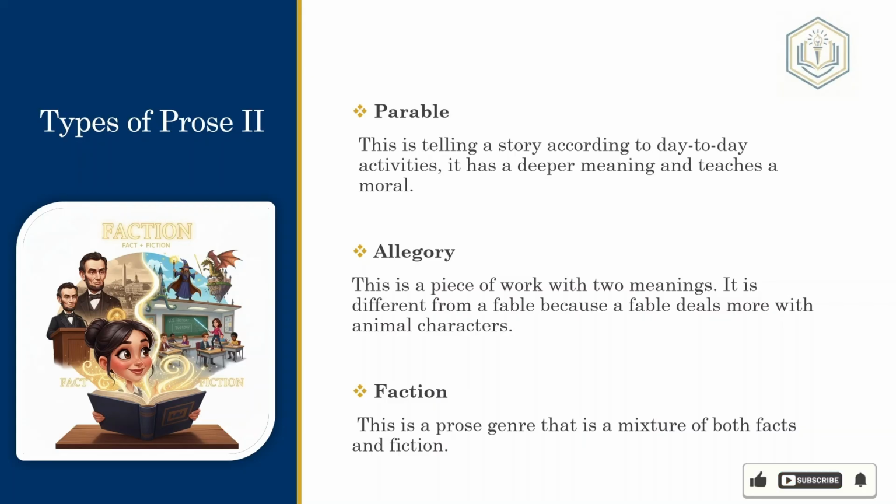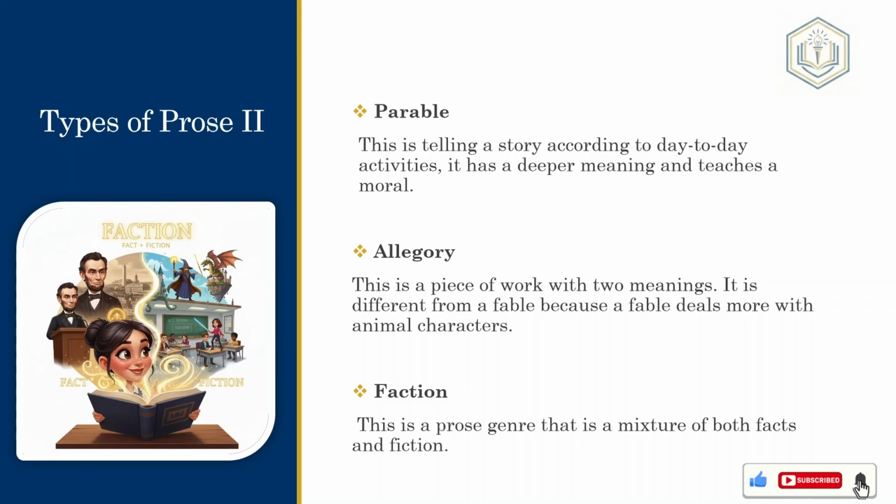So an allegory is a piece of work with two meanings. It's different from a fable because a fable deals more with animal characters. I say it like this: all fables are allegories, but not all allegories are fables.